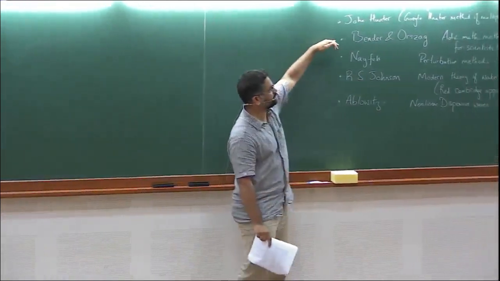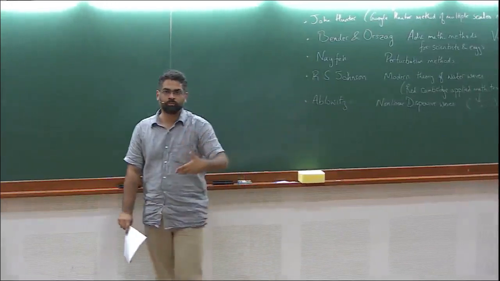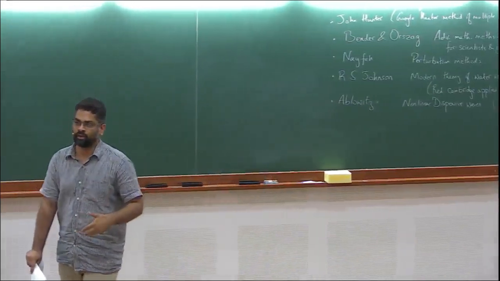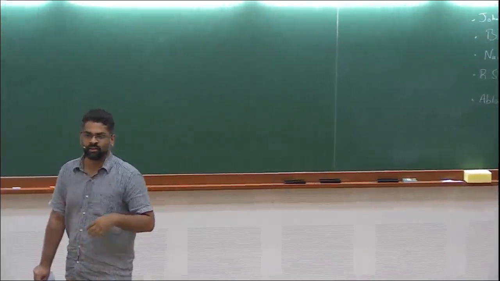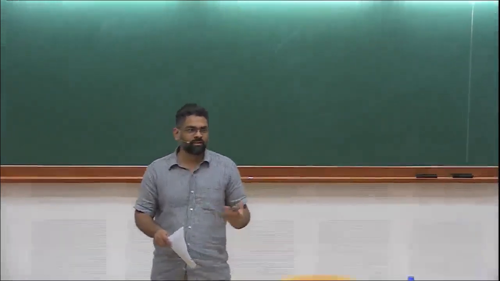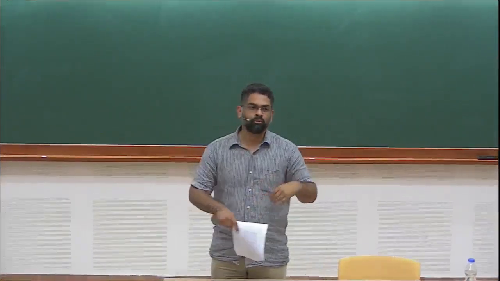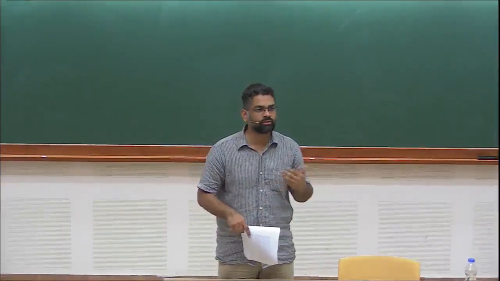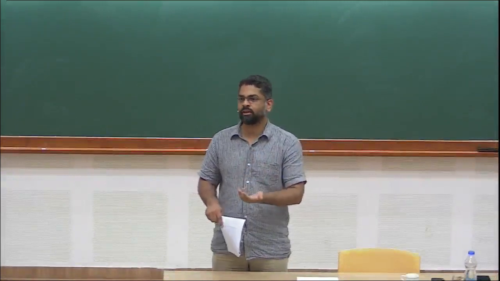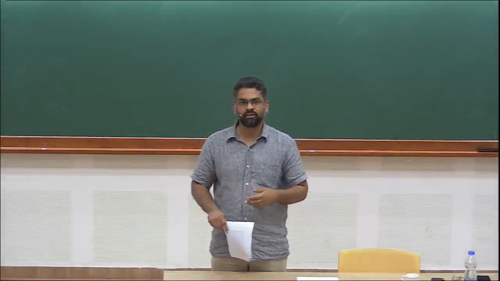Especially Bender and Orszag, the classical text, will do boundary layer theory, WKB, and method of multiple scales. And really, method of multiple scales subsumes everything else. WKB you may have seen in a quantum mechanics course or somewhere else. That's a special case of method of multiple scales.